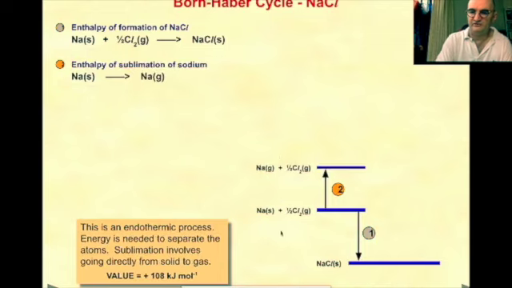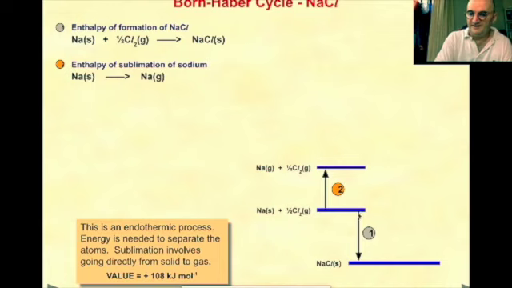So what we're going to do first, well, this one has taken sodium and has sublimed the sodium. It's gone from sodium solid to sodium gas. And that is endothermic because we have to put energy in to overcome those forces of attraction. And the value is plus 108 kilojoules per mole.